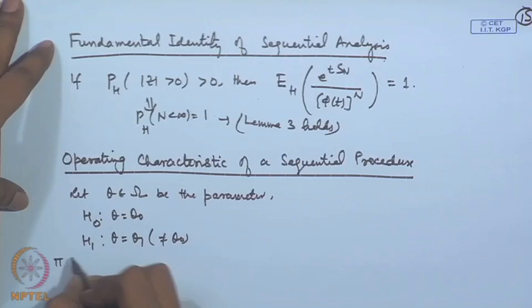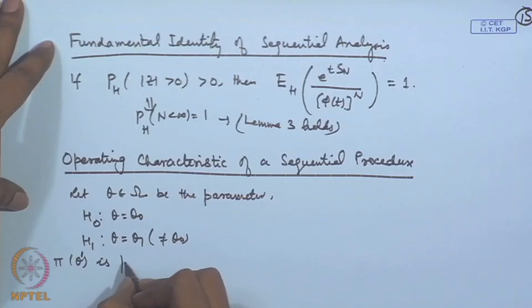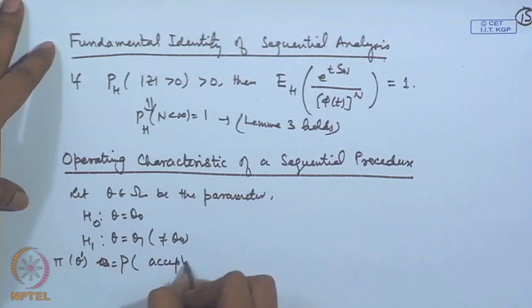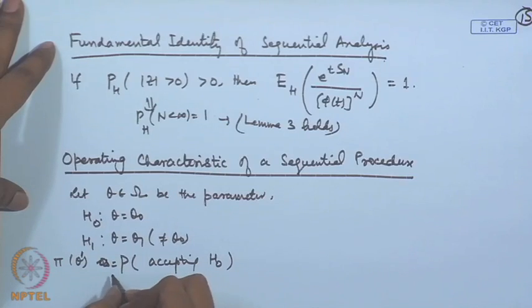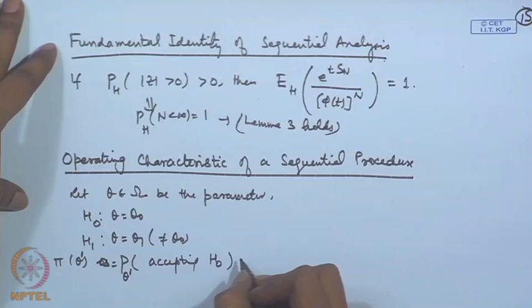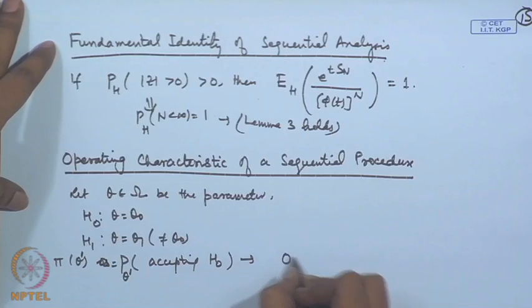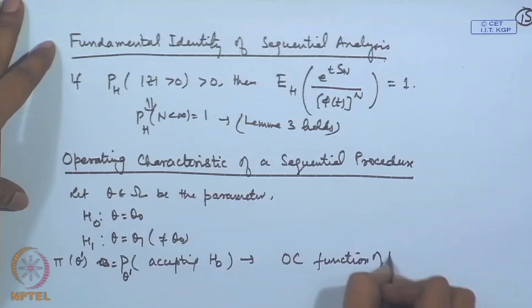So, pi theta, let me put pi theta prime, this is the probability of accepting H naught when the value of the parameter is theta prime. This is known as the operating characteristic function of the sequential procedure.